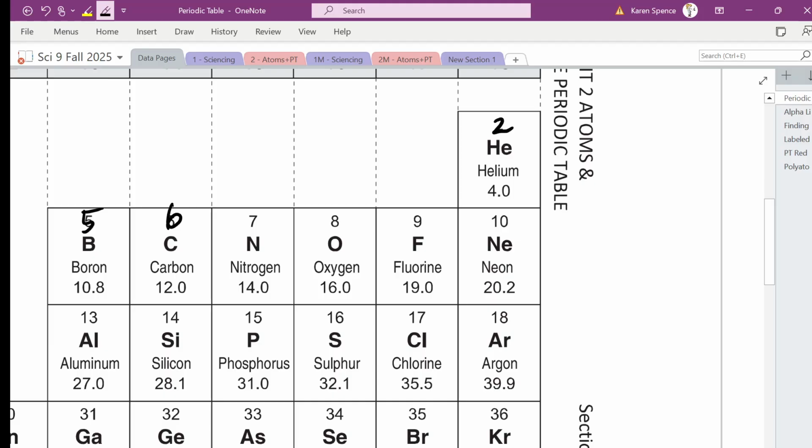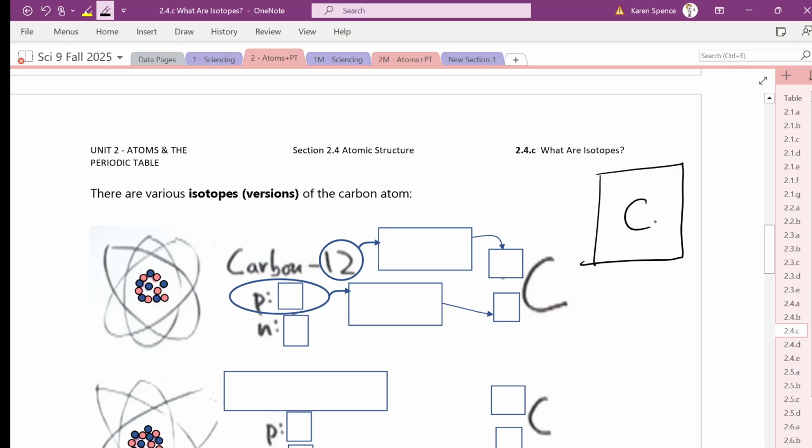So you can always find your atom by looking on the back and then finding the atomic number and then just going in sequence. Okay, so here's carbon. I'm just going to rewrite that on here. Carbon, we have the number 6.